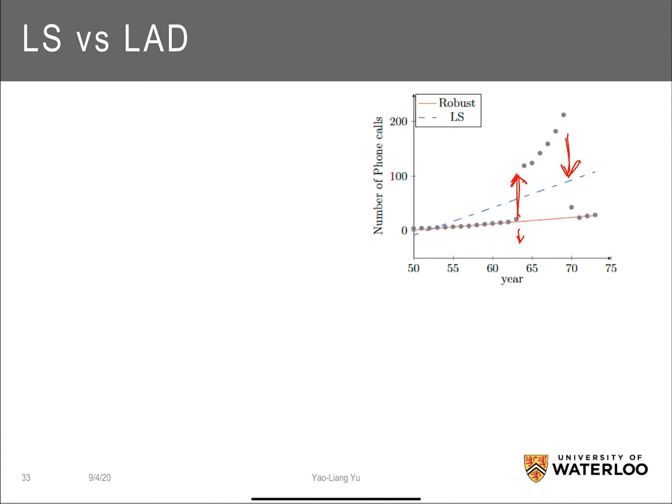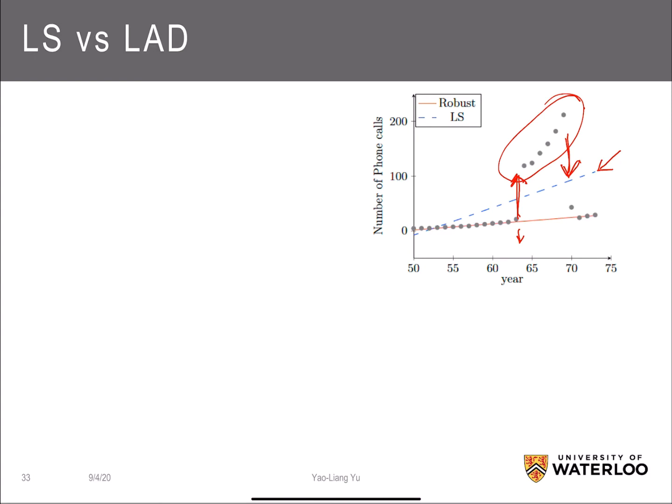When you collect your data set, there's a lot of measurement error and a lot of human error. It's inevitable that your data set has outliers. But if you're not careful, when you fit your data, you may be heavily influenced by these outliers. For example, if you do linear regression, namely fitting a line to these dots, you will get this blue line here, and it's heavily influenced by these outliers.